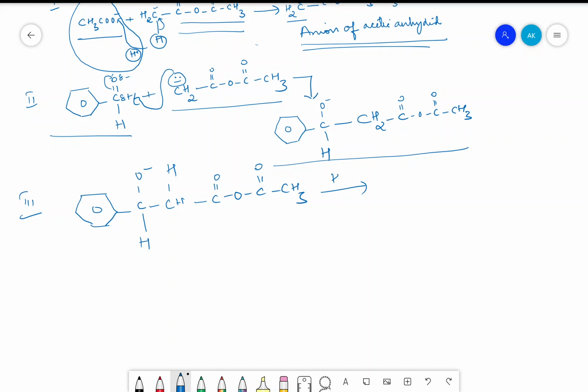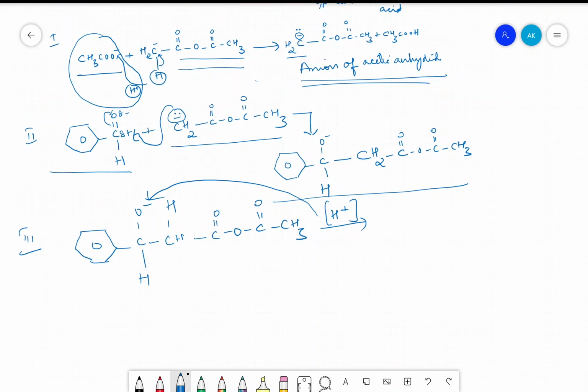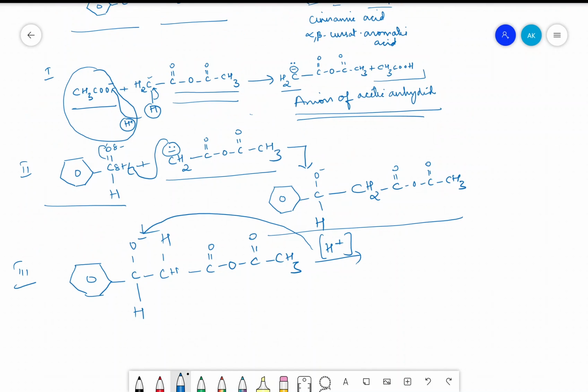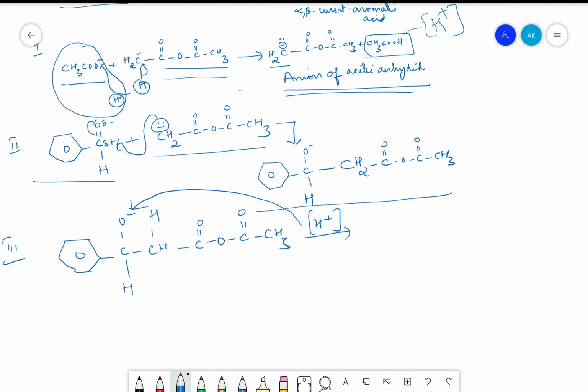We're going to get protonation, addition of a proton in this step, where the proton is going to attack the oxygen having negative charge. The proton we are going to get is due to the acetic acid formed in the first step. The acetic acid is going to release a proton from itself, which leads to formation of the structure.